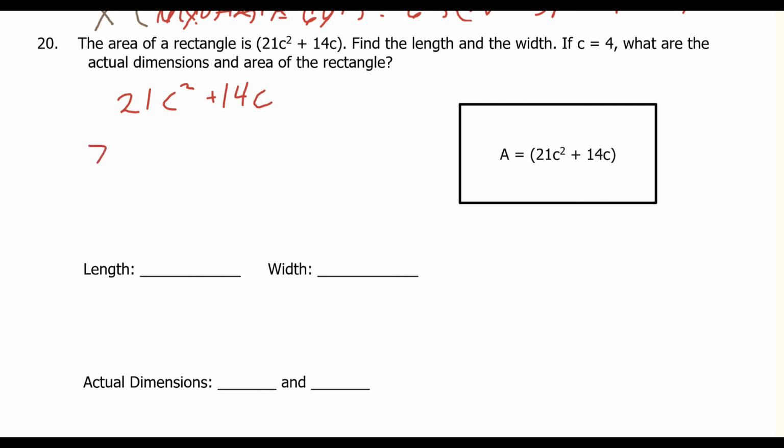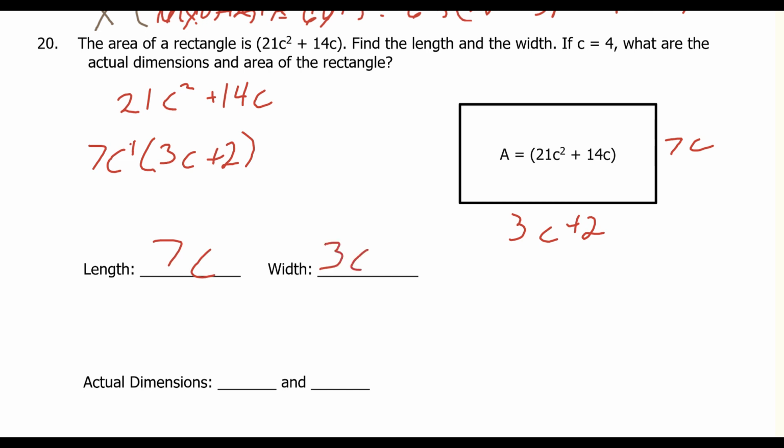I see 7. And then the smallest exponent is c to the 1. And 7 goes into 21 3 times. C times c is c squared plus 2. And there we have it. So we got 3c plus 2, and then we got 7c. So 7c and 3c plus 2.